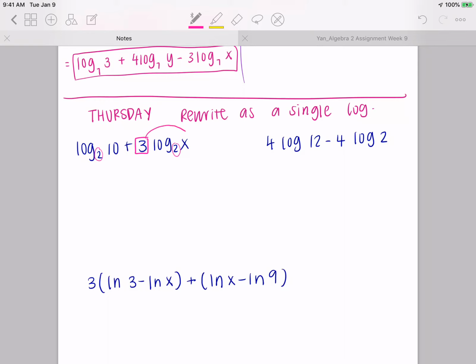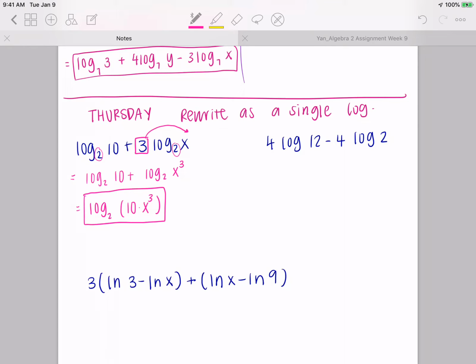Okay, this 3 needs to go back up to the exponent, which we rewrite as log base 2 of 10 plus log base 2 of x to the third power. Okay, now that there's nothing in front of the log, I can put that together as one log. So log base 2 of 10 times x to the third power. And that's your final answer to that question.